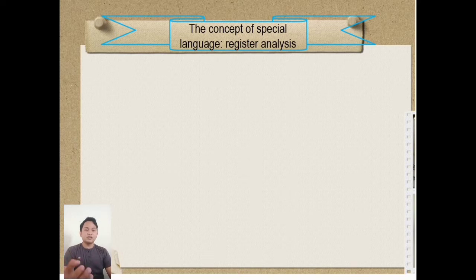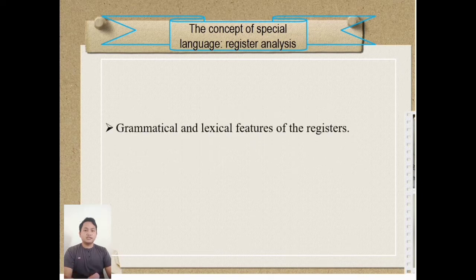When we learn English in class, it differs from ESP in other subjects in its grammatical and lexical features of the register. That way, the grammatical and lexical features of the registers in ESP should be different from other English.